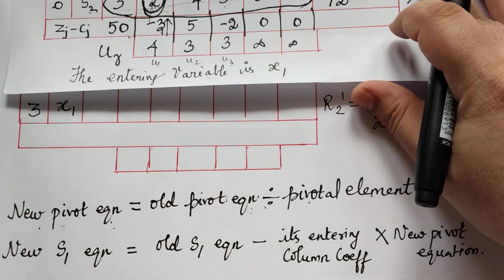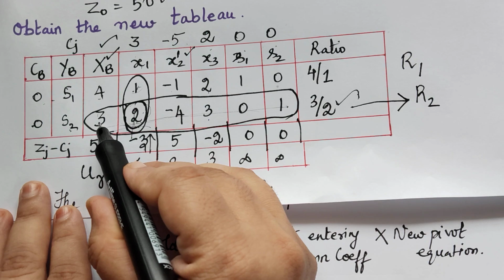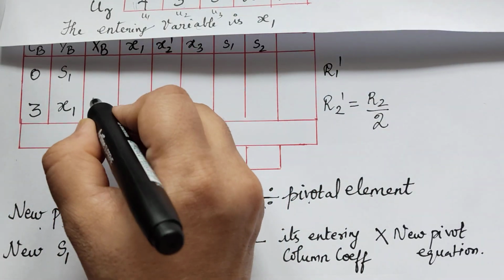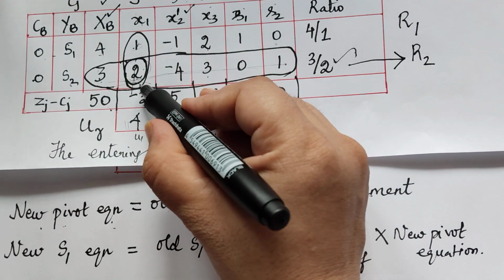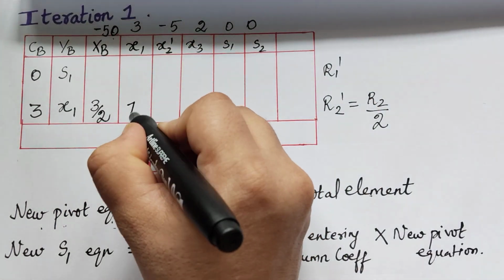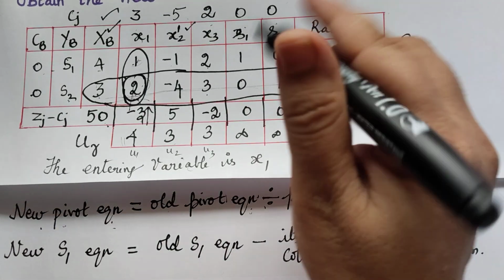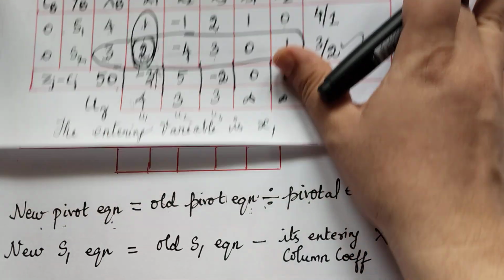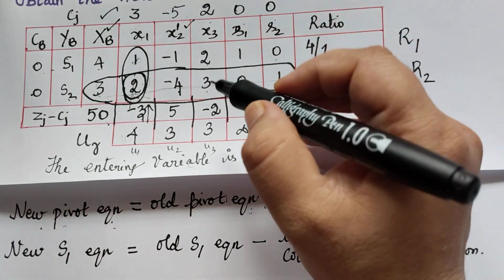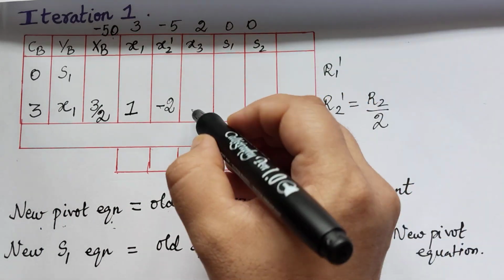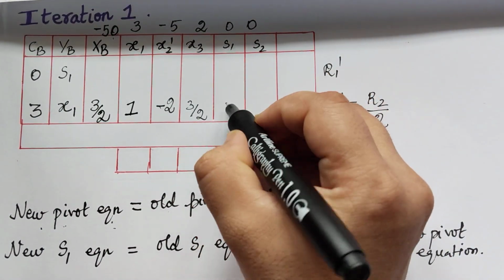So if you see, this 3 has to be divided by 2, and so we will be obtaining 3 by 2. And 2 divided by 2 will be 1. And then we will have minus 4 divided by 2, which will be minus 2. And then we have 3 divided by 2. And then we have 0.